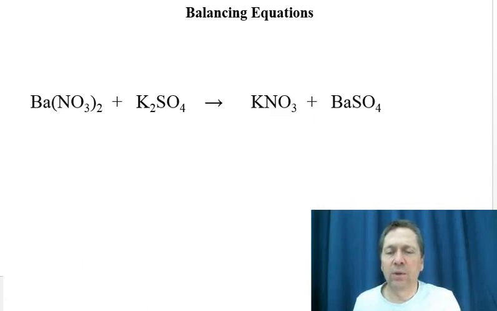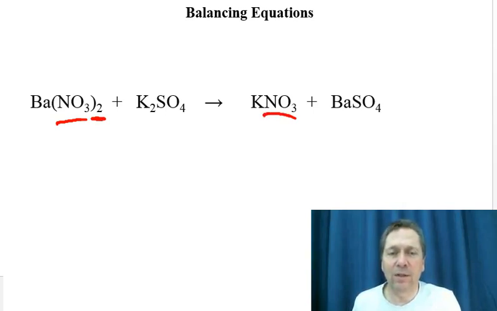Okay, so when we go to solve the problem, we need to count up all the different things. Here we've got 1 barium, that's fine, and 1 barium, no problem there. We've got nitrate ions, NO3, and we've got 2 of them here. And over here we've got nitrate ions, but we've only got 1 of them.